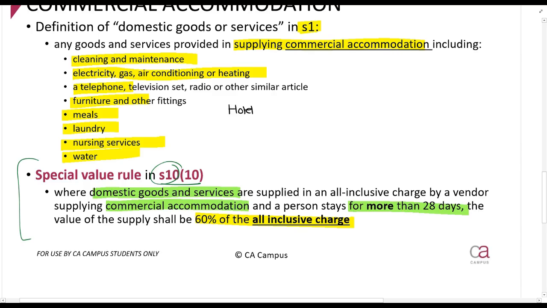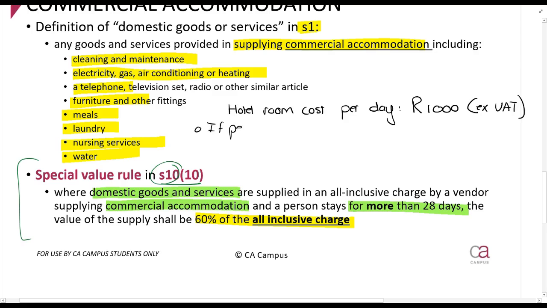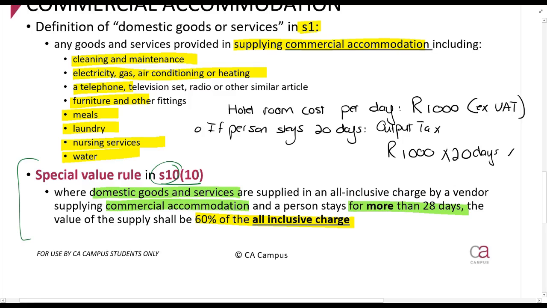hotel room cost per day is 1,000 rands ex VAT. If a person stays 20 days, this is just an example now, what is the output tax? It will be 1,000 times 20 days times 15%.